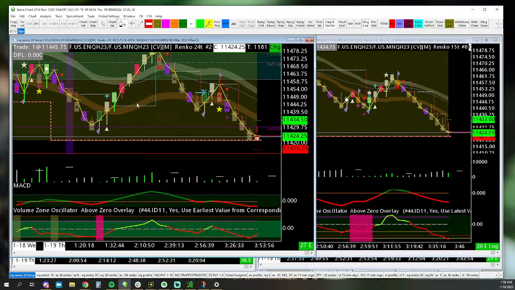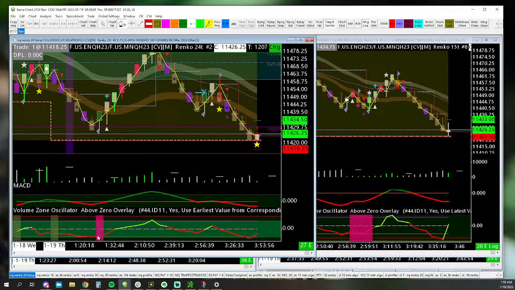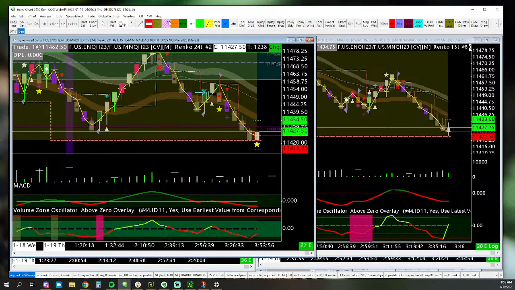So in a perfect world, what I'd like to do is remove these indicators and replace them with conditional colors in the background, like these purple and the pink. That way I don't have to watch the actual lines. I can just say when it's purple or pink, I know that in conditions A, B, and C I can take aggressive trades.